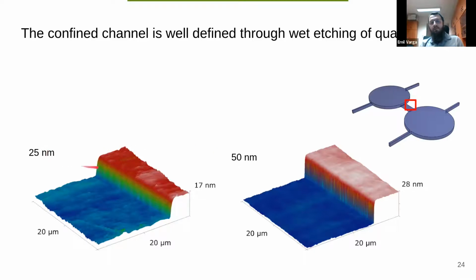The total confinement is twice this step because there are two chips which come together and are placed on top of each other. So the total channel size is double.